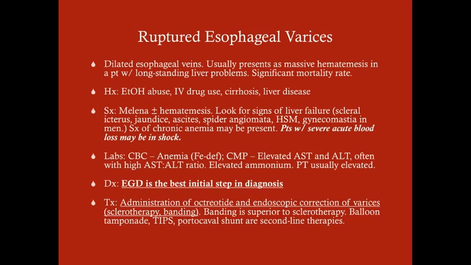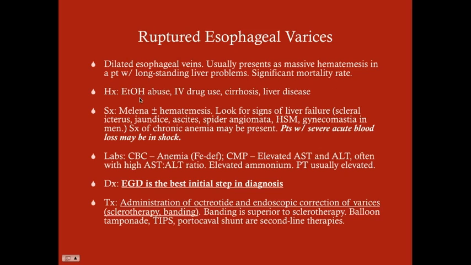The history is usually very consistent. So this usually presents as massive hematemesis. However, it can also present as melena in a patient who has a slow esophageal varix rupture. There is a significant mortality rate, I think I read about 20 to 50%.